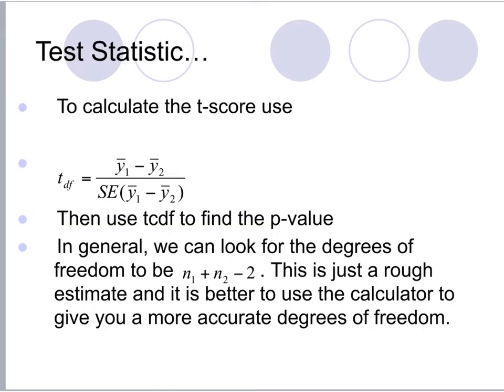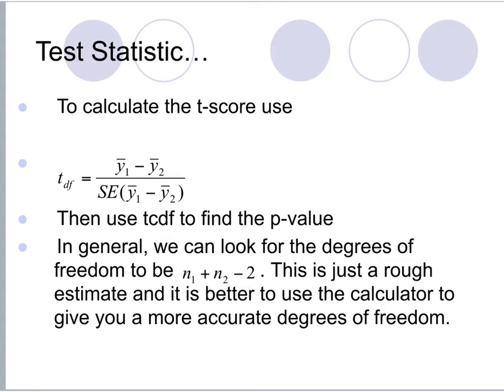The test statistic, that is your t-score. It's the same general idea as our z-score. It's y1 minus y2 minus your hypothesis, which is 0, over the standard error, where you insert the formula from the last one. And then you can use tcdf to find the p-value. The degrees of freedom are n1 plus n2 minus 2.